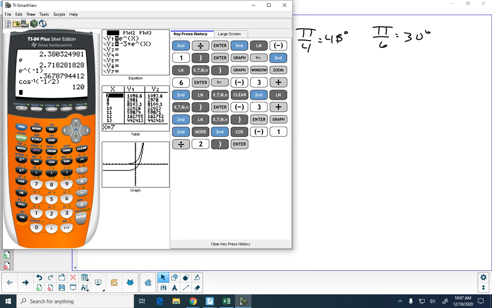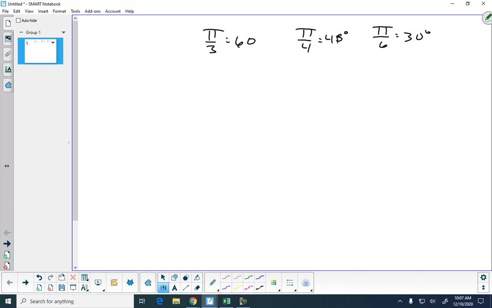I get 120 degrees, so my degree measure is 120 degrees. I take a look at which one of these I can multiply by something to get 120. Well, I can do 30 or 60, but I'm going to take the bigger one. If I multiply this by 2 and this by 2, this would come down to 2 pi over 3.